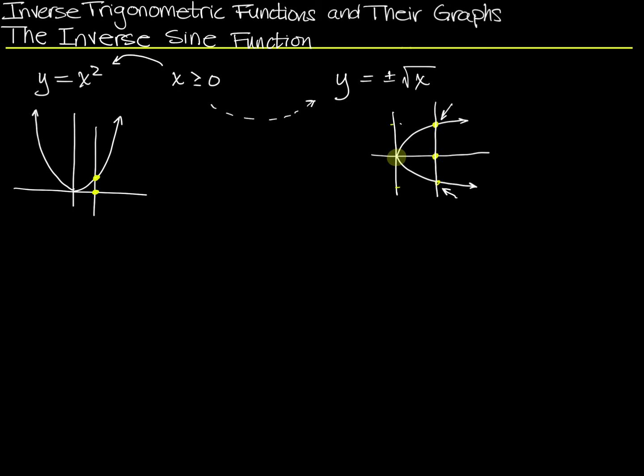When I do that, I end up getting y equals the positive square root of x only. And so that means this part of the graph down here doesn't exist. And now it passes the vertical line test.